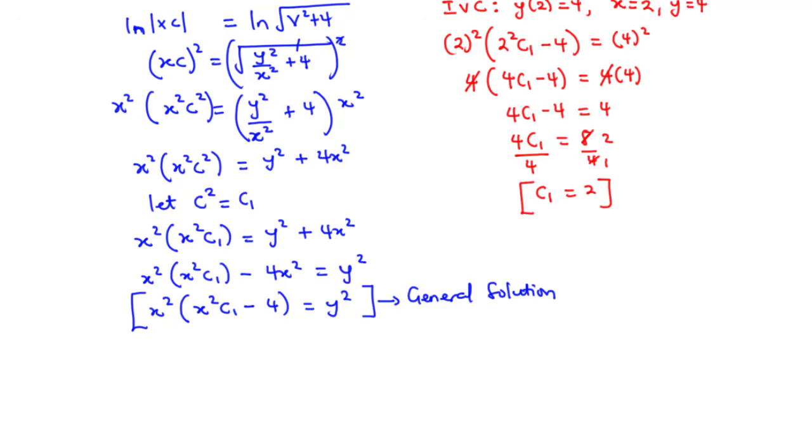Now let's put in c1 into this general solution. Okay, so it means that we have x squared into bracket x squared times 2 minus 4 equals y squared. So we simplify this as y squared equals x squared into bracket 2x squared minus 4.